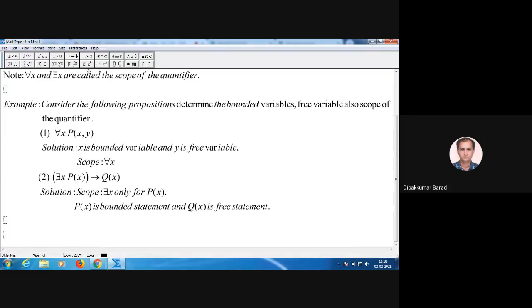Now the third one: for all x, in brackets, p of x implies q of x implies not q of x, there exists y, q of xy.